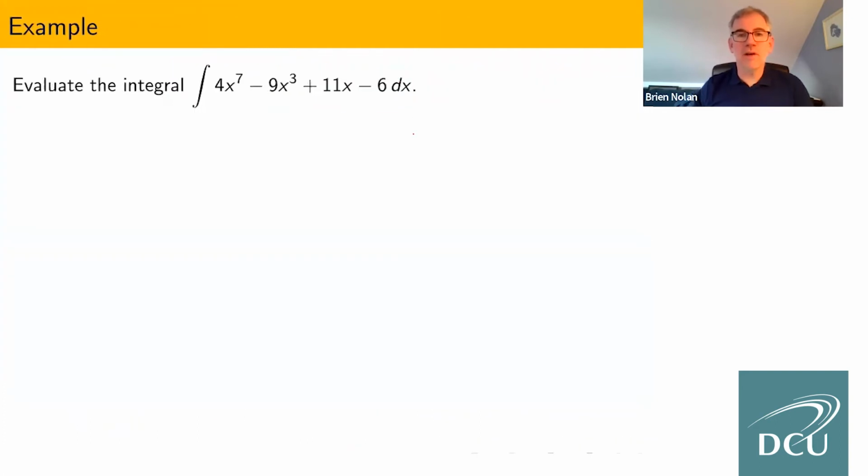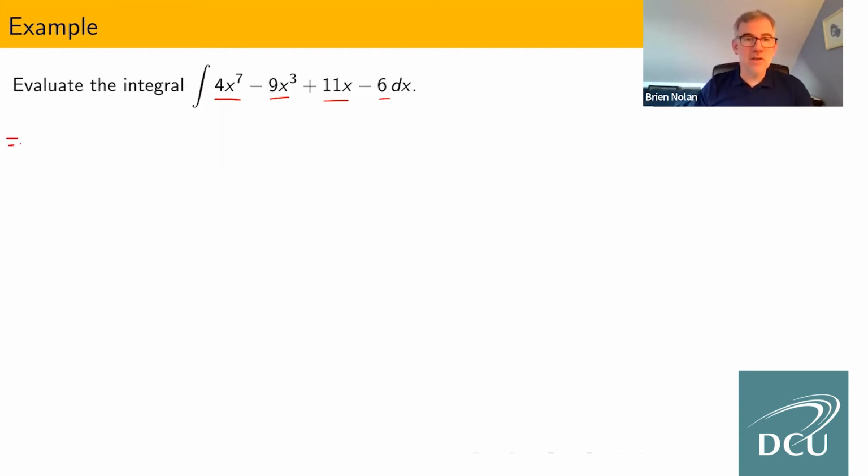Okay, so how do we evaluate this? Well, first of all, I notice that this function is made up by adding up various bits. There's 4x to the 7 minus 9x cubed plus 11x minus 6. So the first thing to do really is bear in mind that we're going to integrate each bit separately.